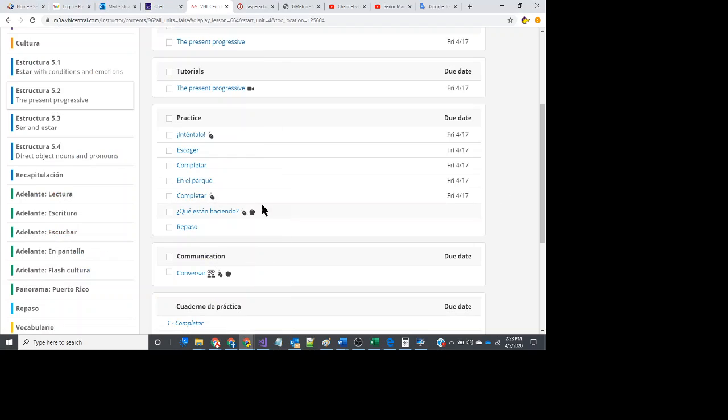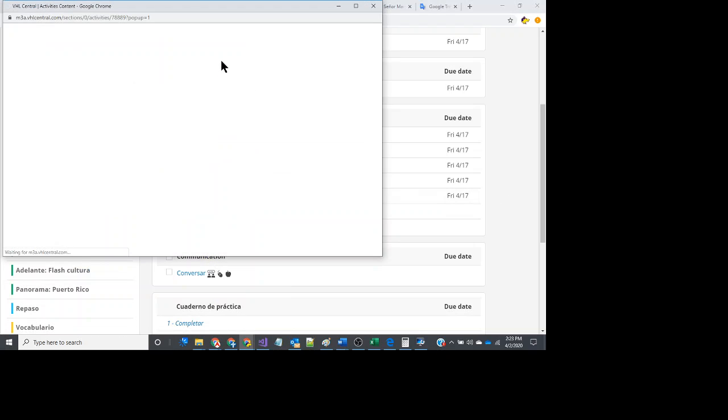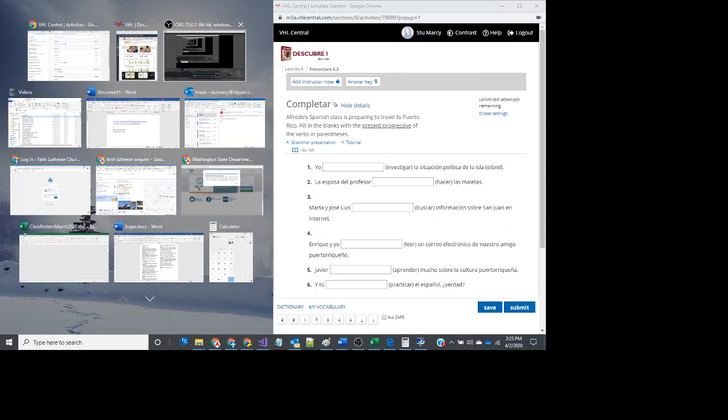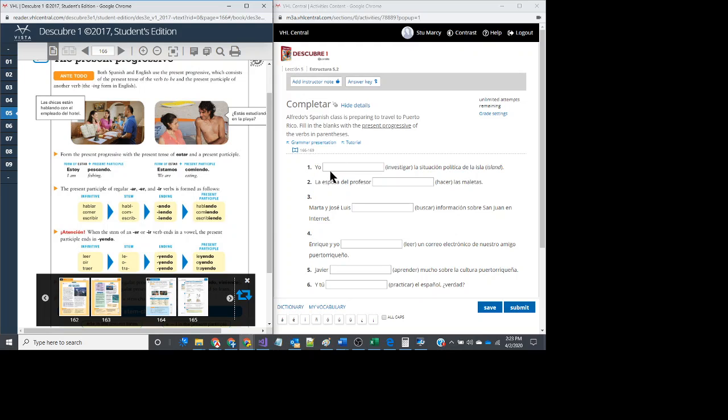And one more activity. Completar. Completar is we're supposed to fill in the blanks with the present progressives of the verbs in the parentheses. Okay. Investigar. Well, we have to use estar with this. Don't forget to use estar with every one of these. So, yo estoy investigando. Because it's an AR verb, we're going to put an ando on the end.